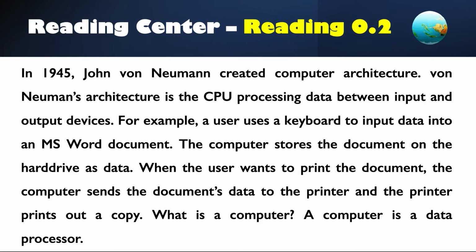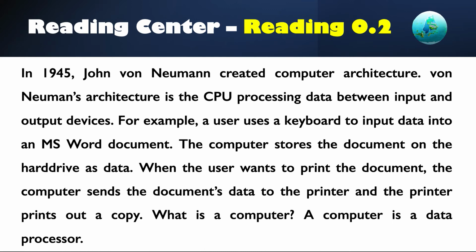In 1945, John von Neumann created computer architecture. Von Neumann's architecture is the CPU processing data between input and output devices. For example, a user uses a keyboard to input data into an MS Word document.